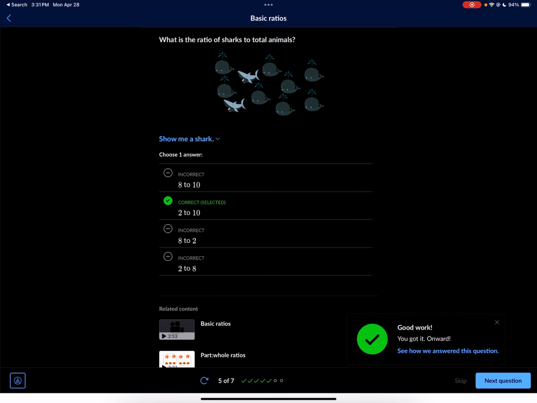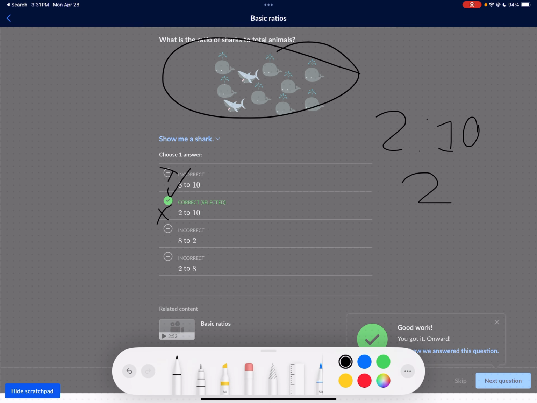So now what? Is 2 to 10 a complete ratio or is it unsimplified? An unsimplified ratio is one that's not simplified all the way. For ratios, if two numbers have a common factor, then it's not simplified.